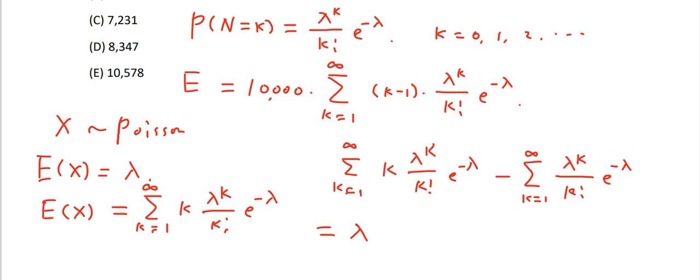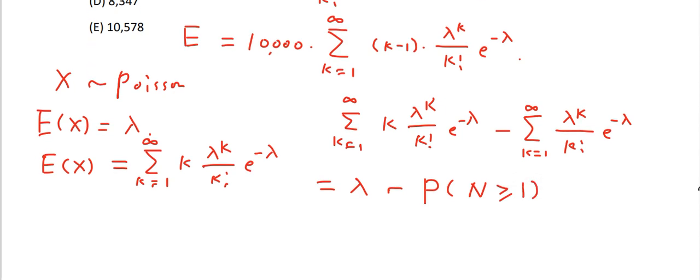So what is the second summation? The second summation is a summation of all probabilities P(n equals k), k from 1 to infinity. We know that k from 0 to infinity is 1. We can also write this as the probability that n is larger than 0.